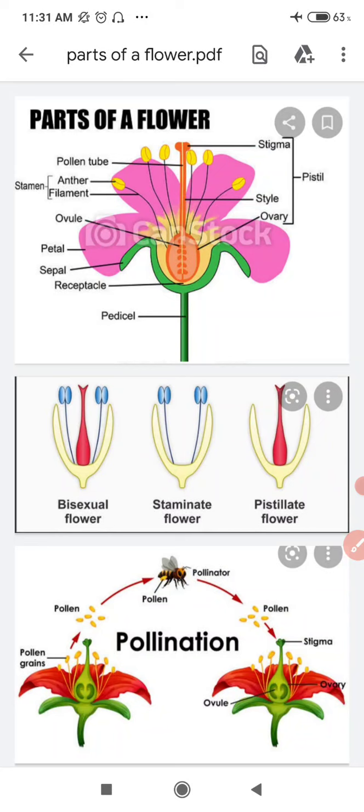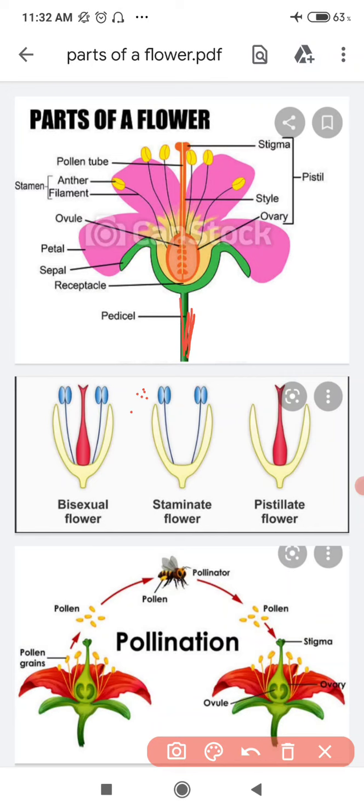This is the flower. Okay, now see this diagram here, showing the parts of the flower. First diagram. The stalk of the flower is called pedicel and the uppermost swollen part of the pedicel is called the thalamus.